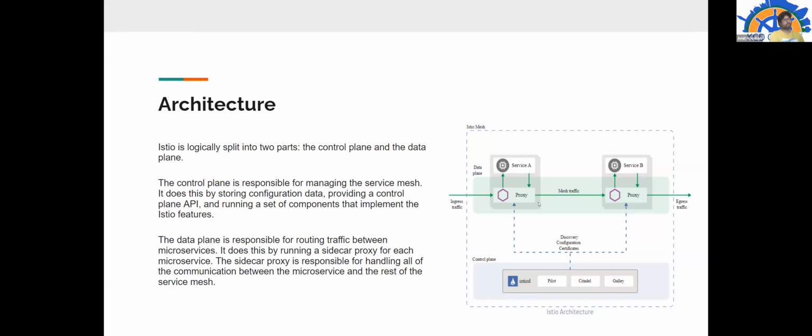All those traffics, or if the traffic is going out, pass through the Envoy proxy. What the control plane does is pass all the information configured by the user to the proxy, so that the chattiness of the services can be resolved. For each request, the proxy should not have to communicate with the control plane and pull the information.